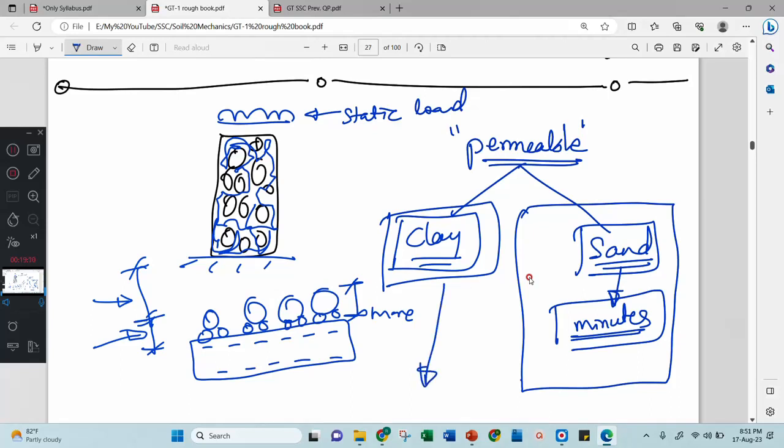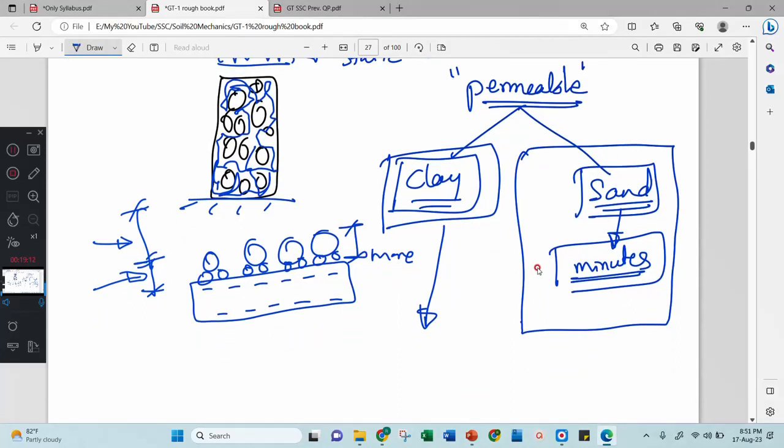How much time? That depends on the quantity of the soil also. In a laboratory experiment, 90% expulsion may take around 1 month.